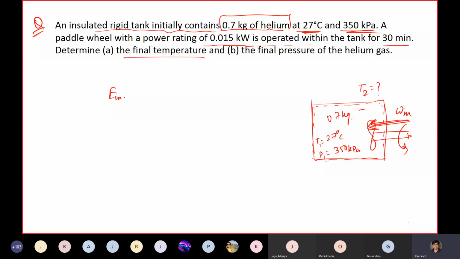E in minus E out is equal to the change in energy of the system. Since this is a stationary system, this is nothing but the change in internal energy of the system. E out is nothing. E in is the work in by the paddle, which will give you the change in internal energy of the system.